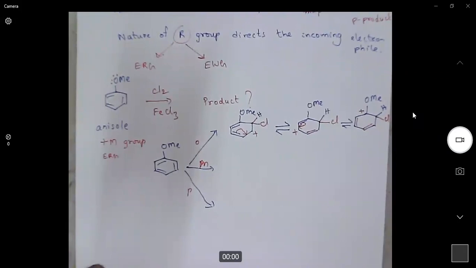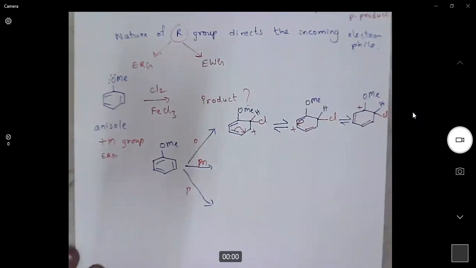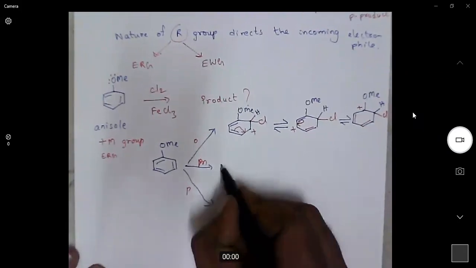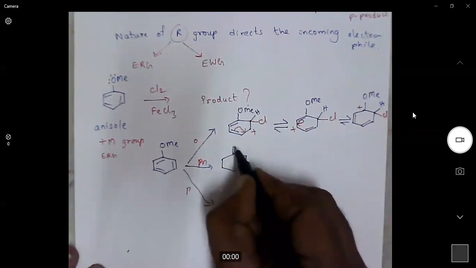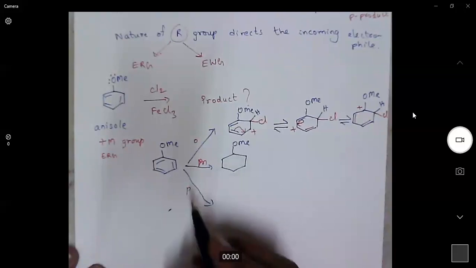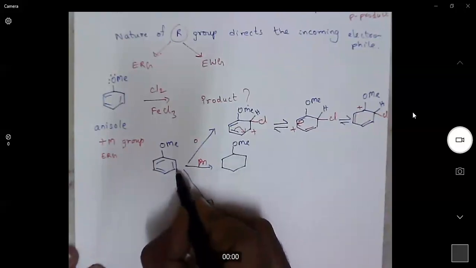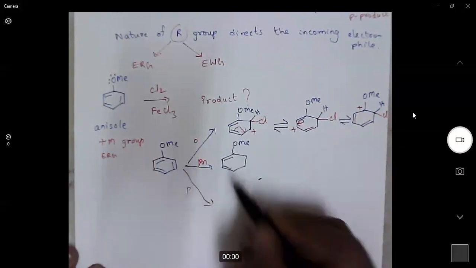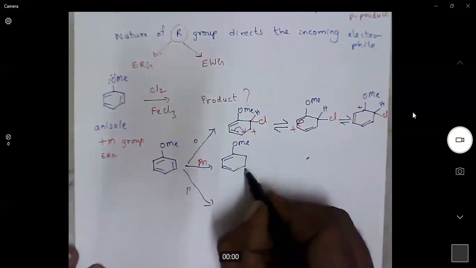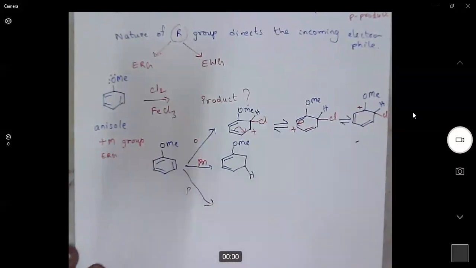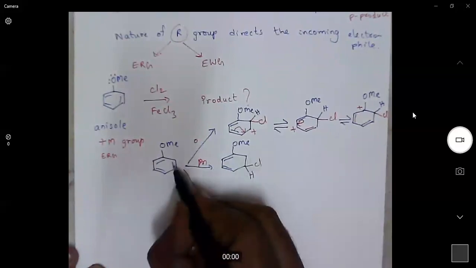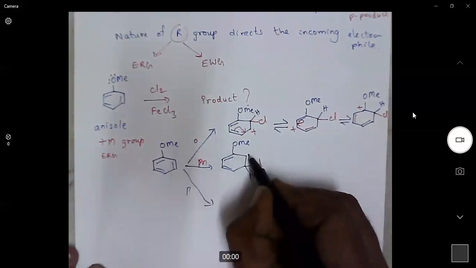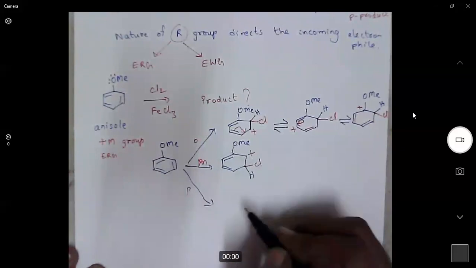Now we will write the meta product also. When we write the meta product, the electrophile attaches here. The chloronium ion attaches here, and the double bond is disturbed, so positive charge will be generated here.